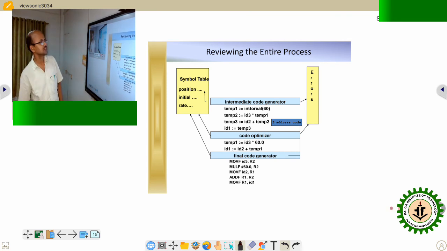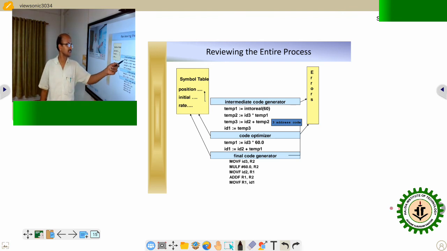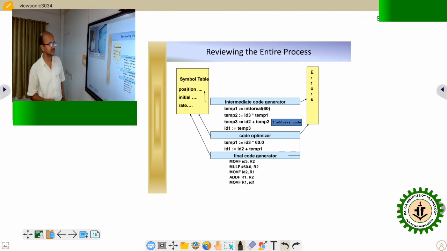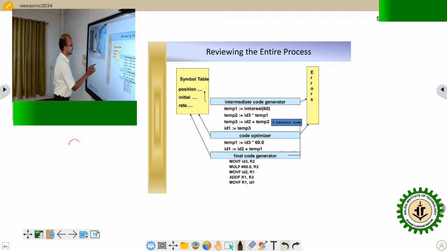If possible, we can optimize it. Instead of the first instruction, we can directly write temporary 1 assigned identifier 3 into 60.0. Sometimes we have seen this in C programming also. If you divide a floating point number by an integer value, we know the floating point part of the result will be omitted and we get only the integer part.